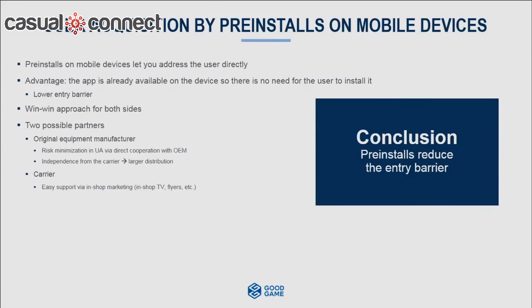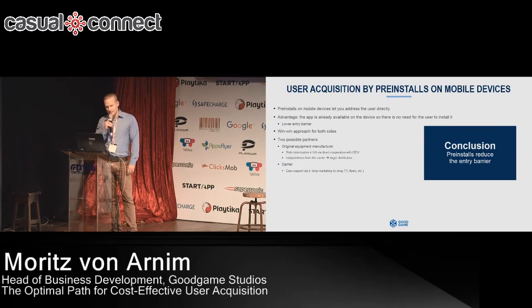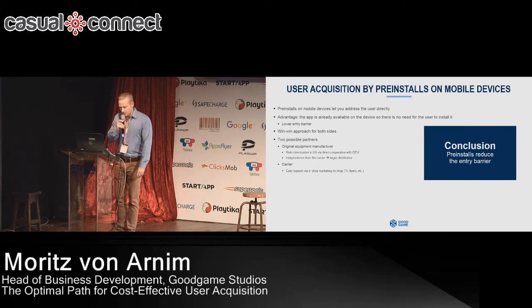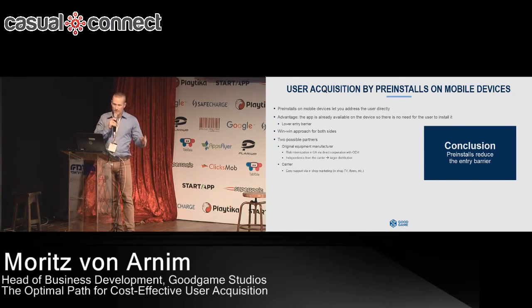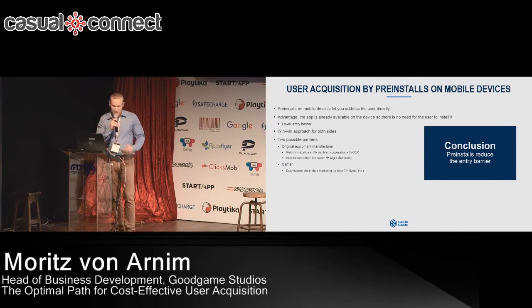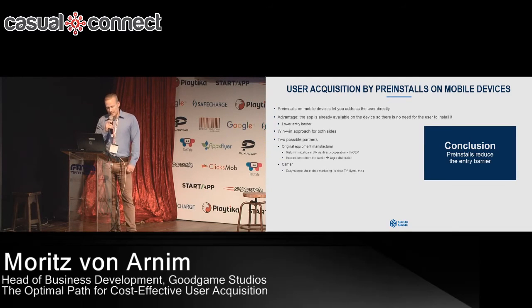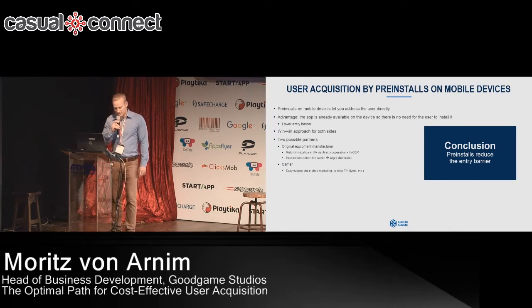Either you choose a direct cooperation with an OEM or you sign a contract with a carrier. Your advantage as a developer finally is that your partner benefits from additional content on his device again. He has an additional revenue stream, and yeah, that's it.